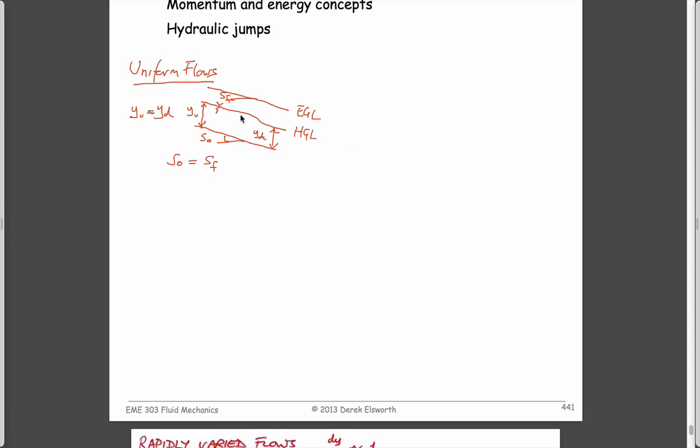And if that's the case for uniform flows, then by definition we can get the velocity as merely a function of this scaling coefficient k, which is 1 for SI units and 1.49 for feet per second, a Manning coefficient, the hydraulic radius raised to the power 2/3, and the slope of the bed raised to the power half.